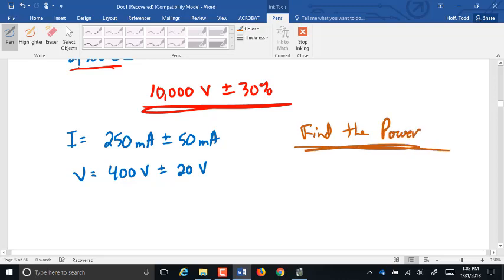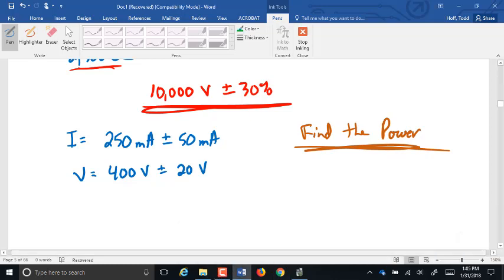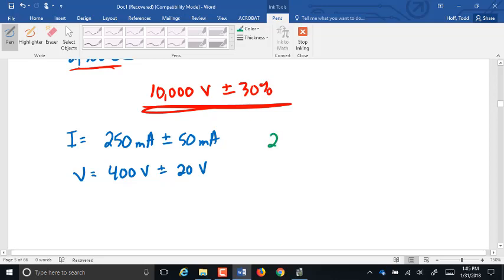Find the power. First, each of these has to be changed into a percent. So I'm going to move this. This is going to be 0.250 amps.